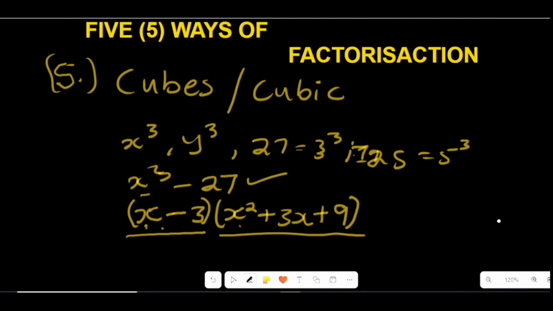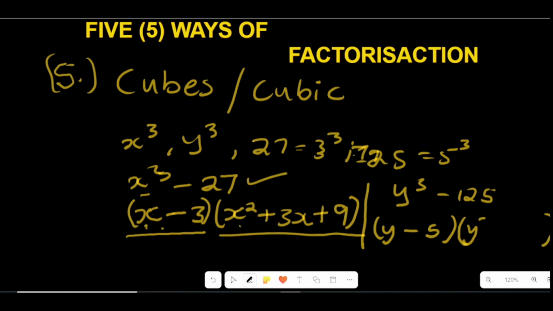Let's just do another one, a quick one. y cube minus 125. How would you go about this one? Small bracket, then you put whatever is there at its lowest form, y and then 5, and on this side you put the big bracket. In order to go back, you need a square there.